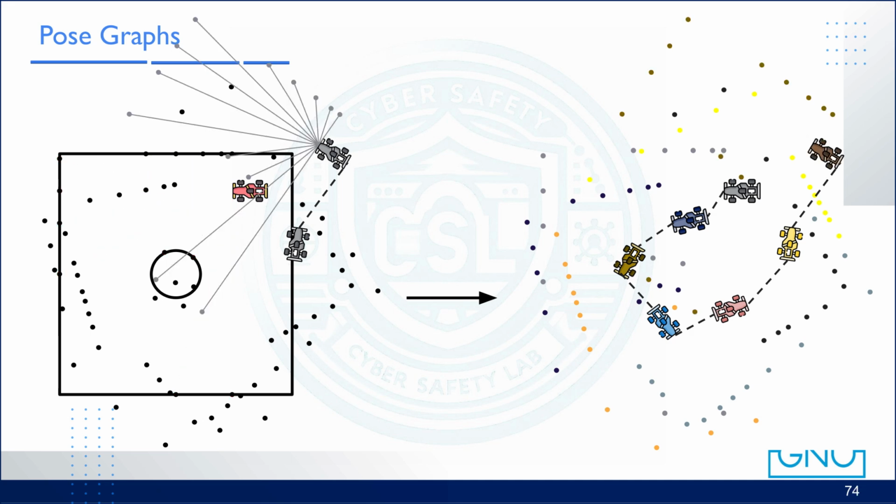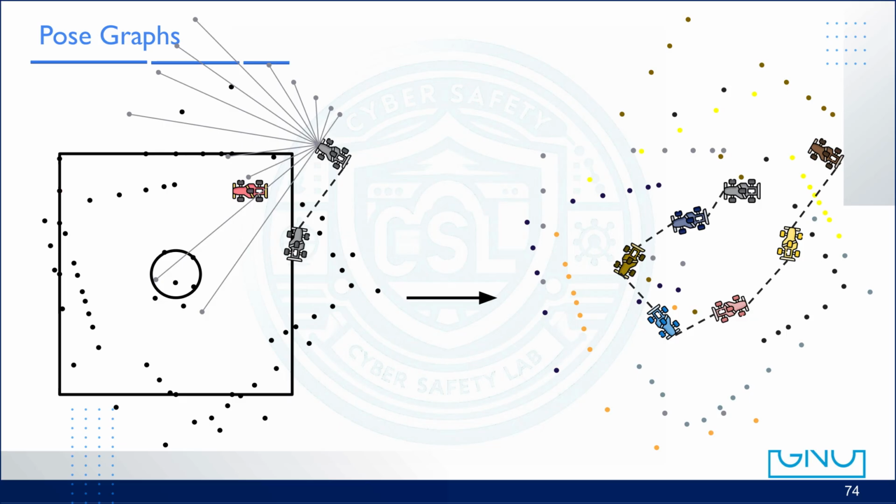This slide shows how error accumulates over multiple driving sets. Each race car icon represents the robot's estimated pose after completing a loop. As the robot continues to drive, small errors from odometry and sensor noise start to build up. Initially, the estimated positions are close to the true path.